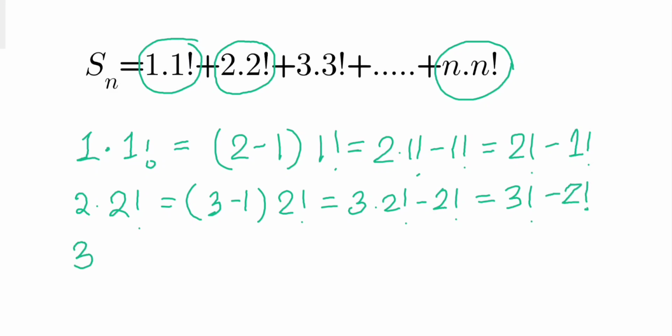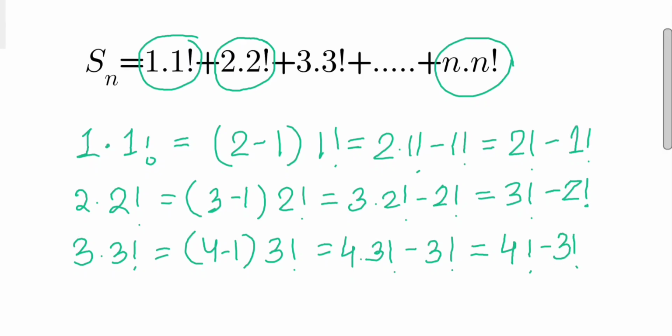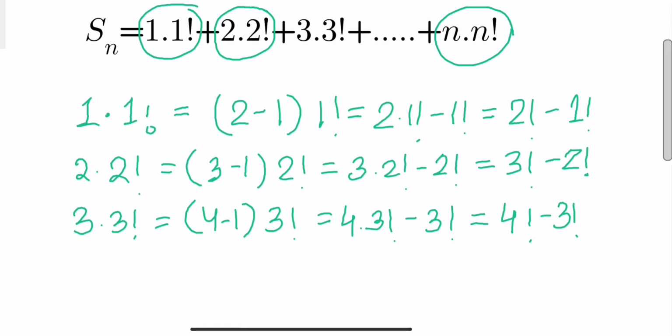Then 3 into 3 factorial, I can write 4 minus 1 as 3, so it equals 4 into 3 factorial minus 3 factorial, and 4 into 3 factorial is 4 factorial, so it is 4 factorial minus 3 factorial. So you can see here there is a pattern in these terms.